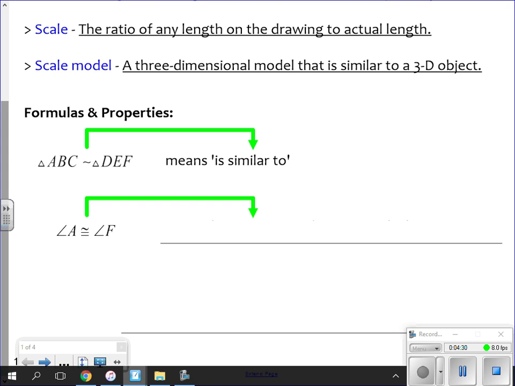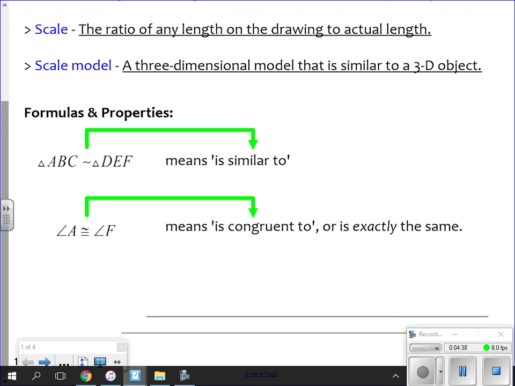And then here I have the symbol for angle, angle A, angle F. If you have an equal sign with a little squiggle on it, that doesn't mean they're similar. That means they are congruent. That means they're exactly the same size. Same shape, same size, they're exactly the same. In geometry, objects are congruent, sizes are equal.